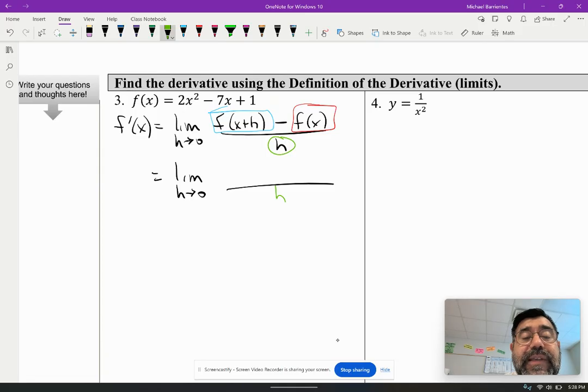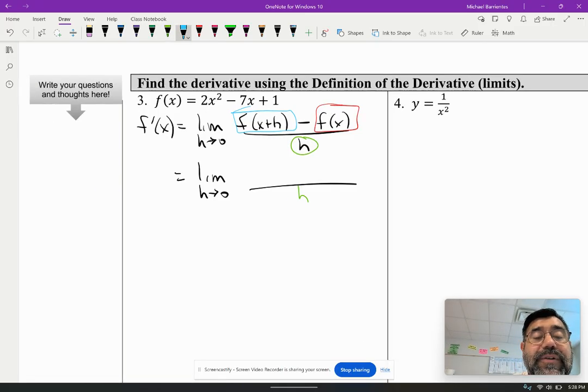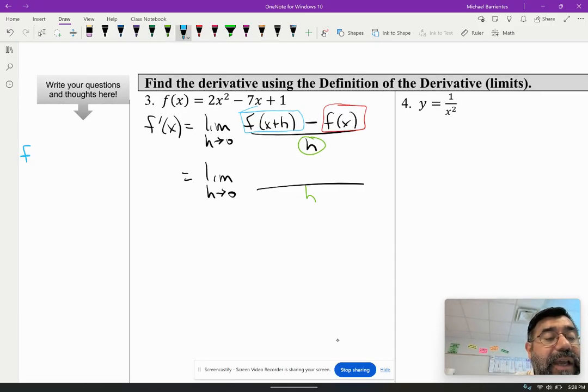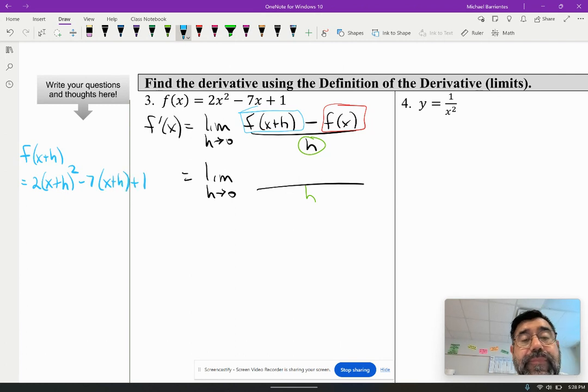But to figure these things out, I might have to do some side work over here. So let me come over here and say f of x plus h. Now how do I figure that out? Well, I'm supposed to substitute this wherever I see a variable. Oh shoot, I see 2 variables. I'm going to have to simplify that, right?